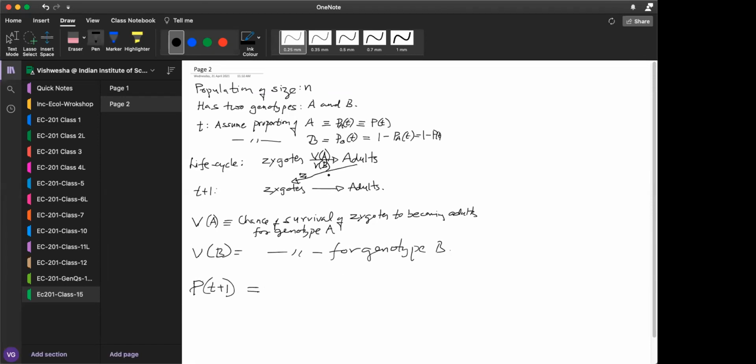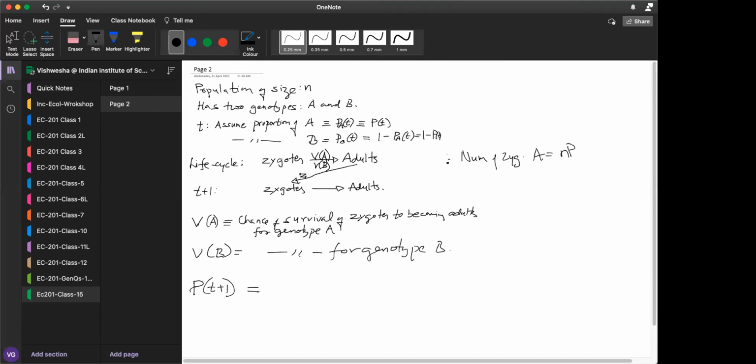So remember that we had a population size of n, and if P was the proportion, what's the number of zygotes here? If you look at the numbers now, it would be n times P, is that correct?